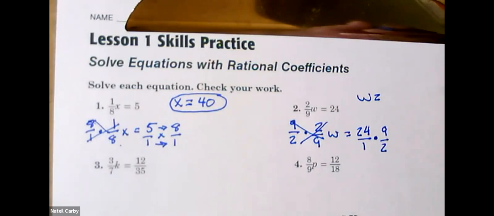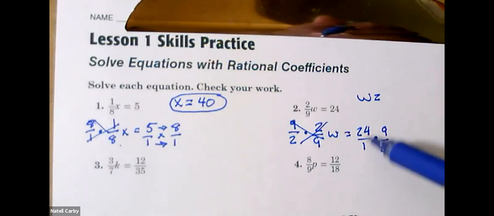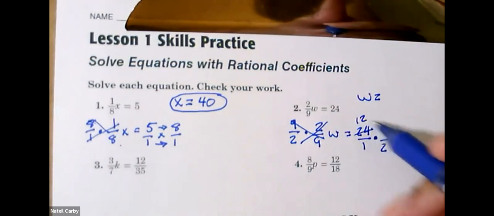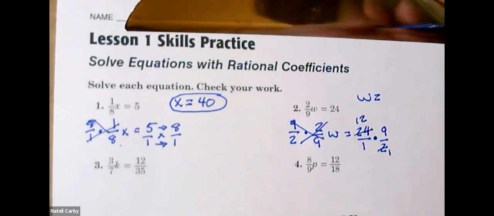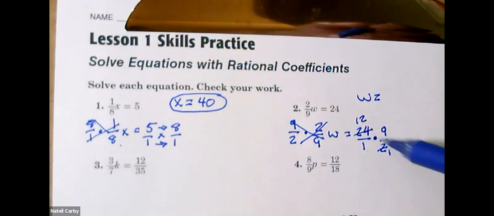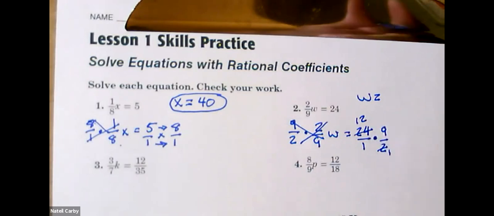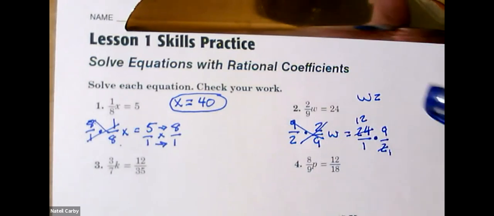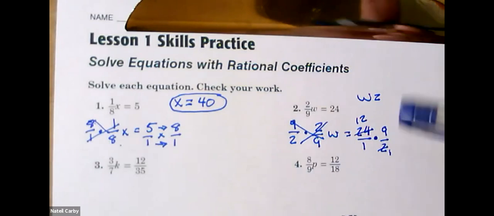Okay. Remember, when you're multiplying fractions, you could make the work a little bit easier for you and look diagonally and vertically to see if there's anything you can reduce. I can reduce this right here. 2 divided by 2 is 1. 24 divided by 2 is 12. 12 times 9, what is that, 84?